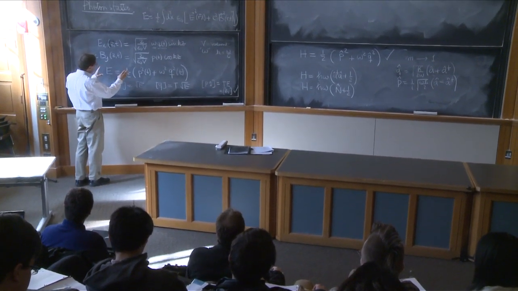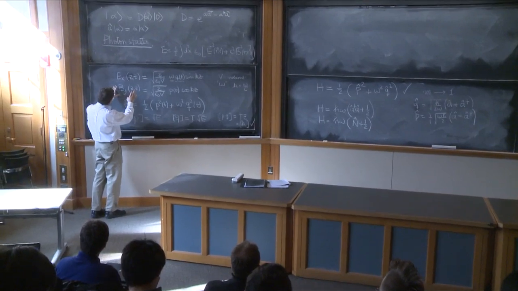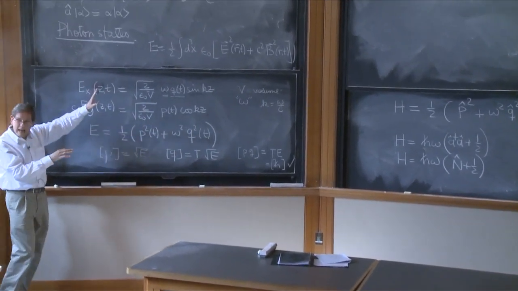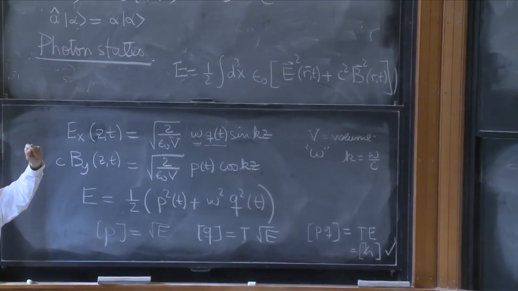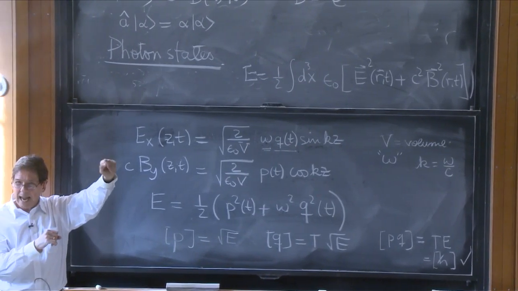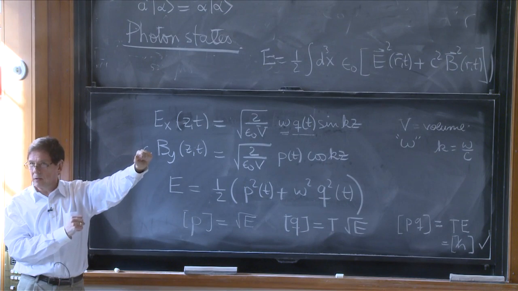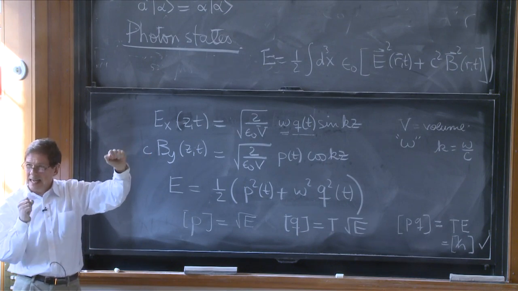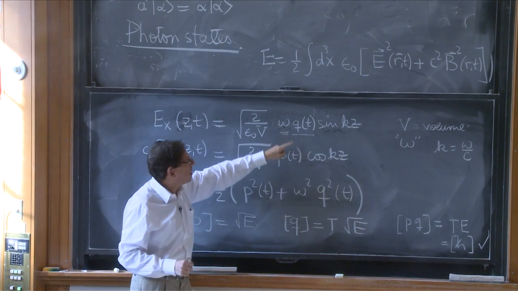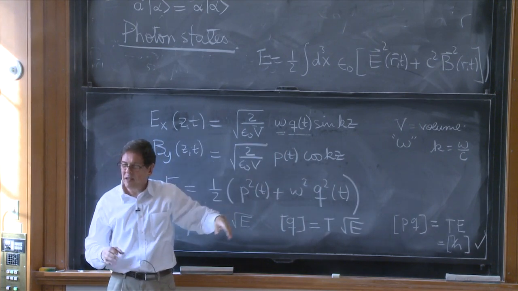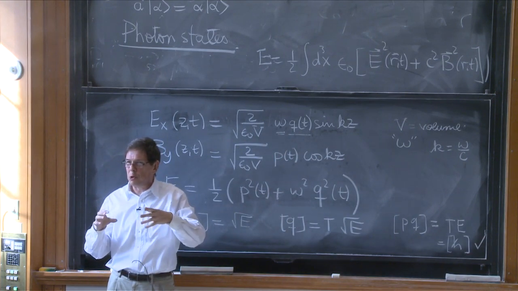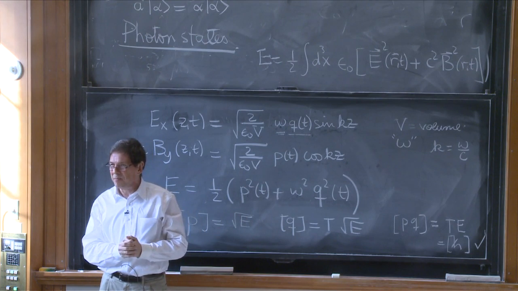But the first thing that is happening is that somehow, look what's happening. In normal quantum mechanics, X and P became quantum operators. In a sense here, this Q and P are like X and P, but they have nothing to do with usual position and momentum.